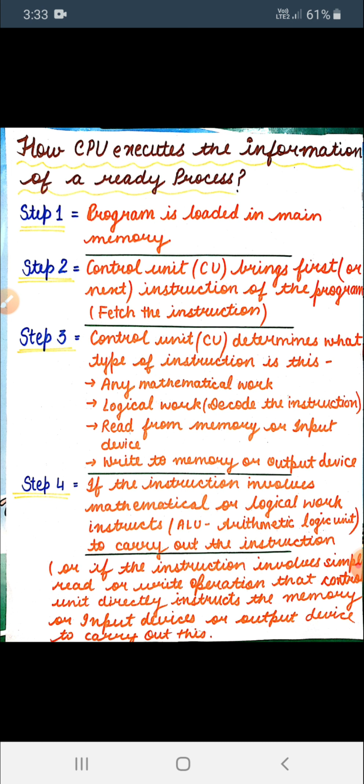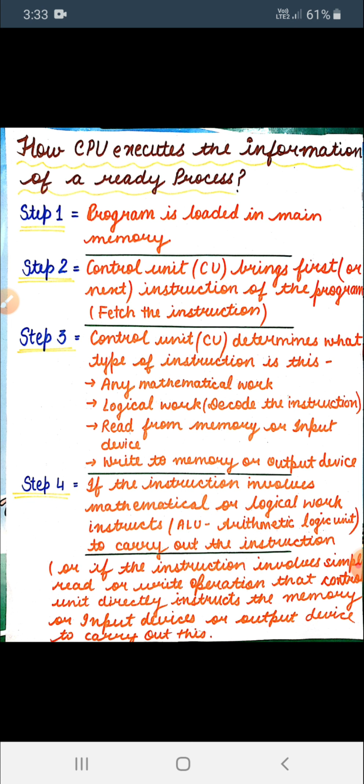So the control unit brings the first instruction of the program. This is called fetching the instruction from the memory. First is the loading of the program in main memory. Second is the fetching of the instruction.